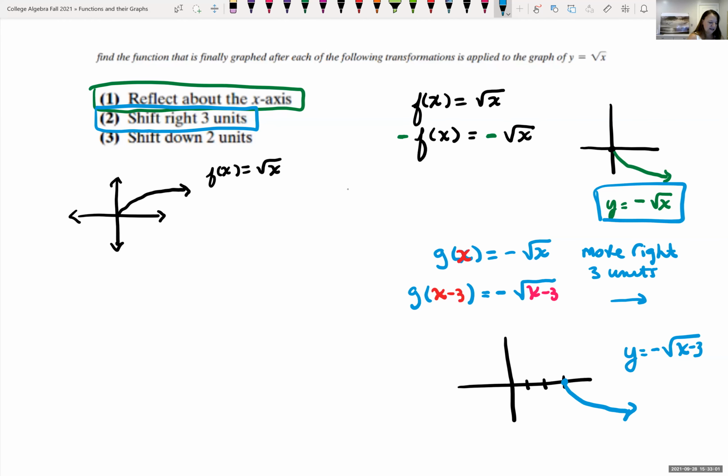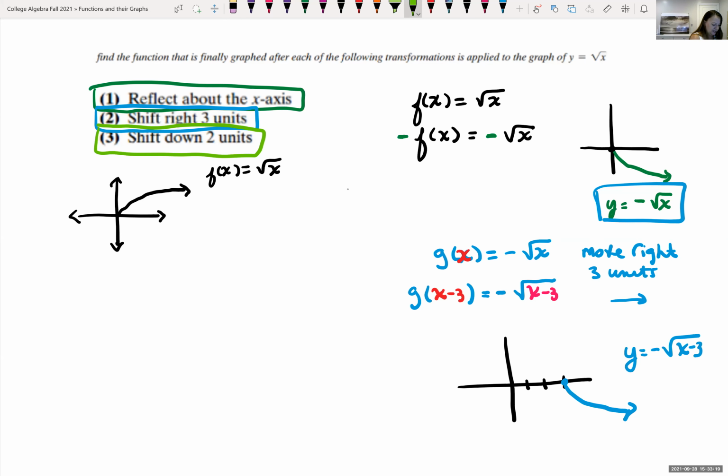And then the last thing we want to do is shift this down 2 units. So let's maybe call that last function we just found h of x.